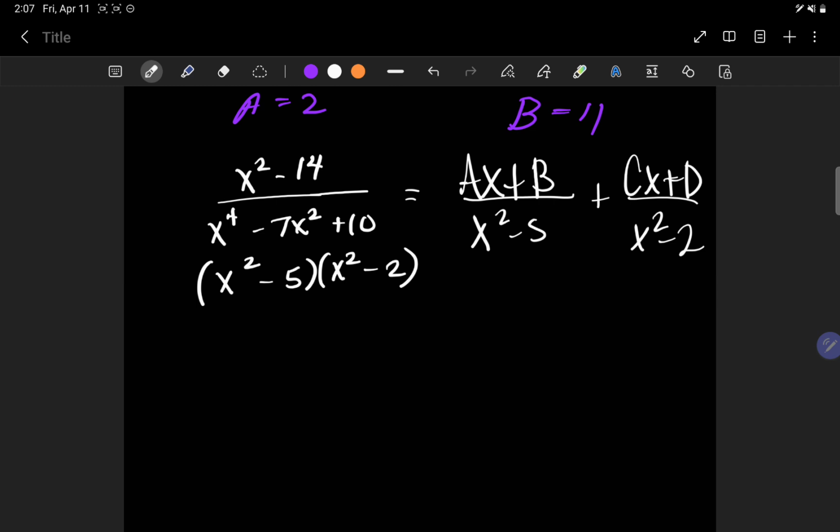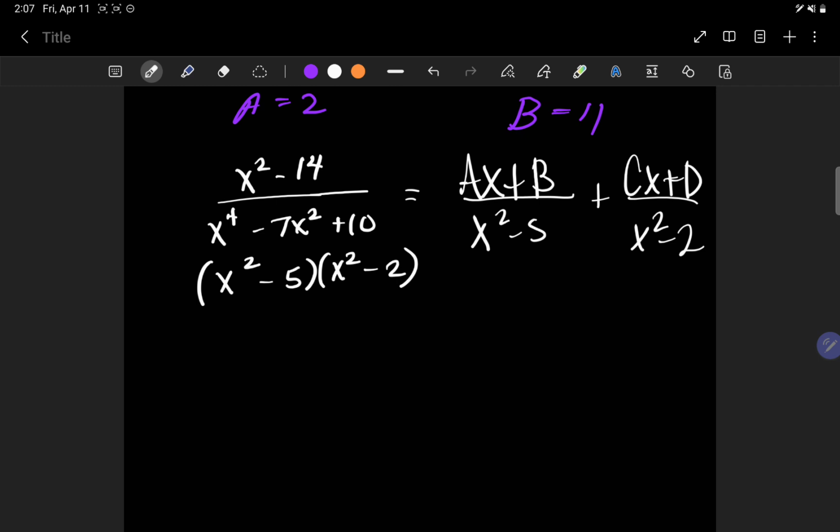The reason is you want it to be a proper rational expression, where the degree of the numerator is smaller than the degree of the denominator. To be honest, I didn't know that was why. Because that's the whole point: you're trying to break it down into simpler, proper rational expressions.